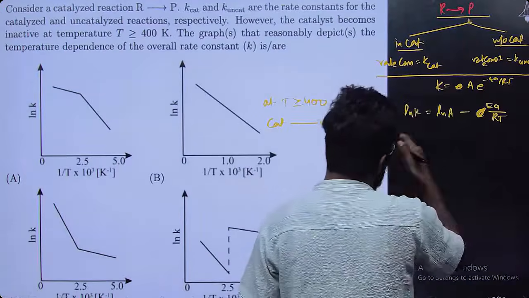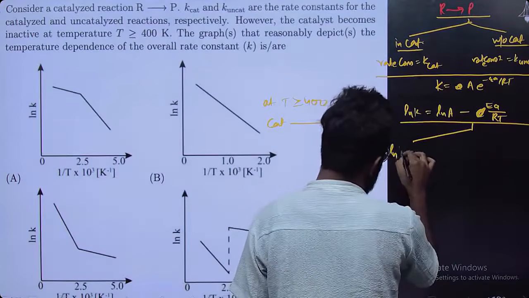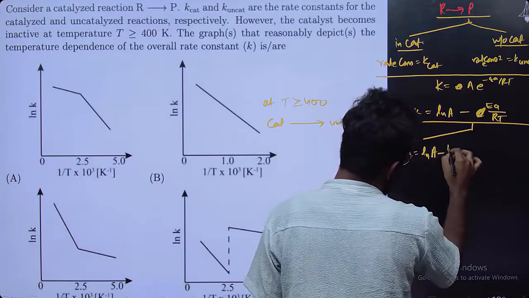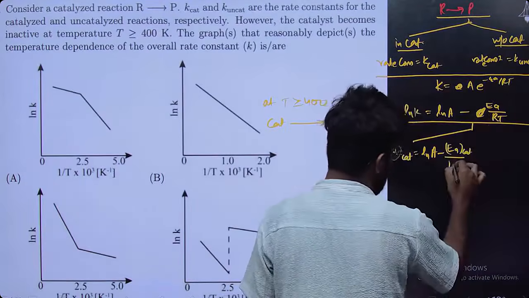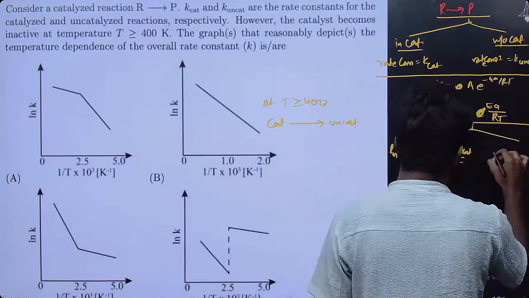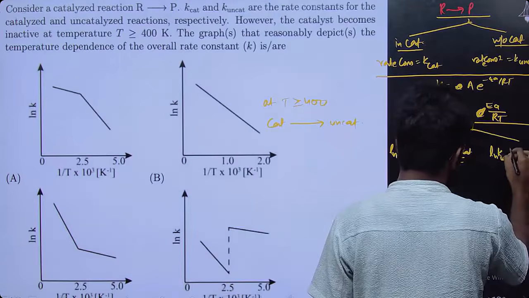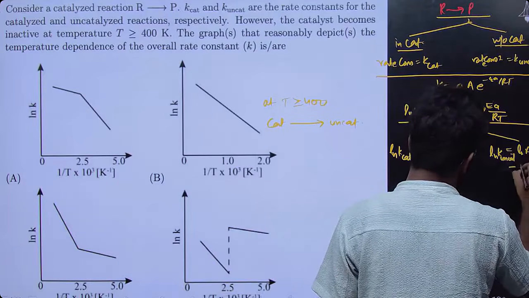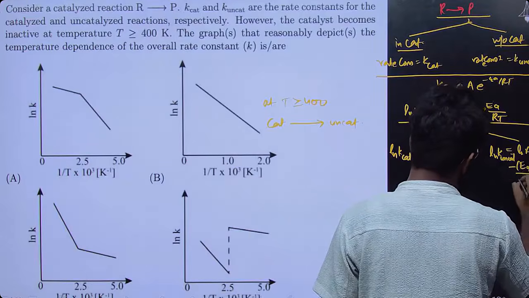Now you can divide it into two cases: ln K catalyzed is ln A minus EA catalyzed by RT, because activation energy is the main difference, and ln K uncatalyzed is equal to ln A minus EA uncatalyzed by RT.